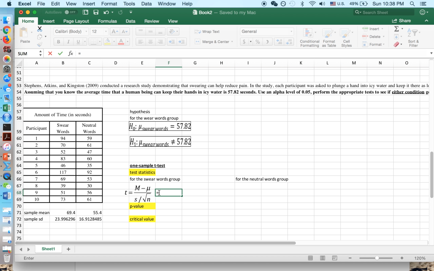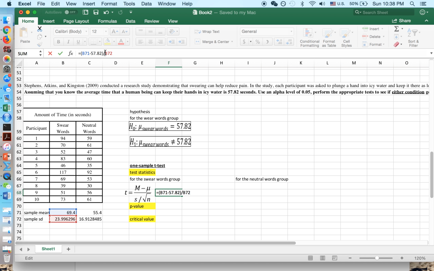We write down the equal sign, and then this is the sample mean, subtract 55.82 seconds, and sometimes I'm not quite sure what Excel does, so just to make sure, I'm going to put a bracket over this value, and then divide that by my sample standard deviation.